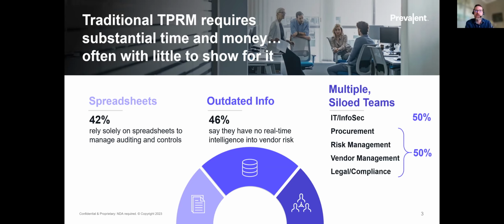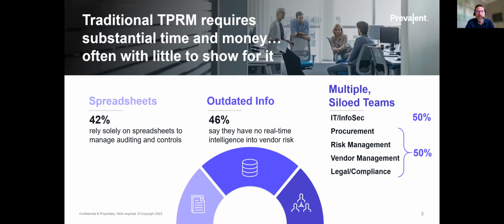Well, in the last 3 years, that trend has pretty much stayed the same. It was 42%, it was 45%, it was 46%, back to 42%. So just fewer than 50% of folks out there are still using spreadsheets to assess their third parties, compare their results against acceptable control thresholds, and then do some sort of remediation or reporting. And we all know you just can't do that effectively with a spreadsheet.